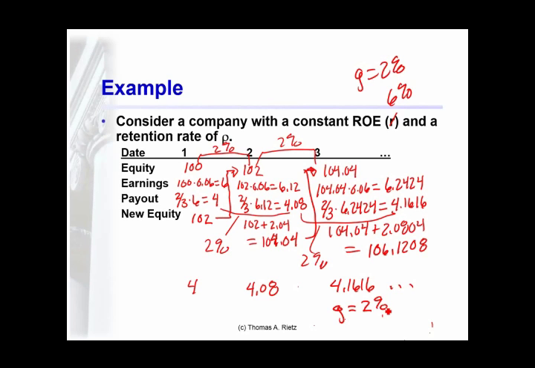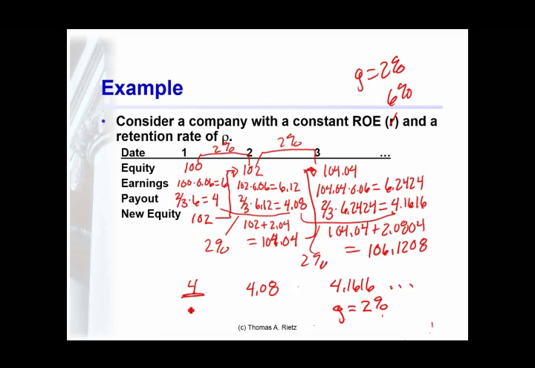Well, if this is a growth perpetuity, then the value today is equal to next period's dividend, 4, divided by return minus growth.